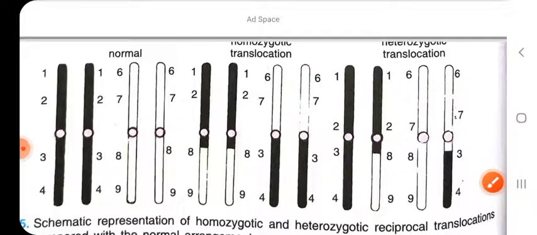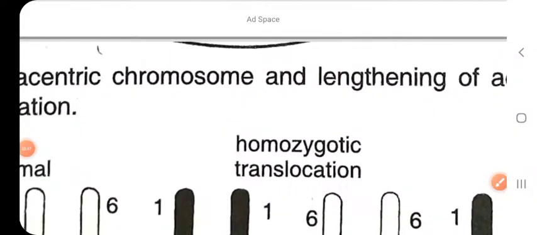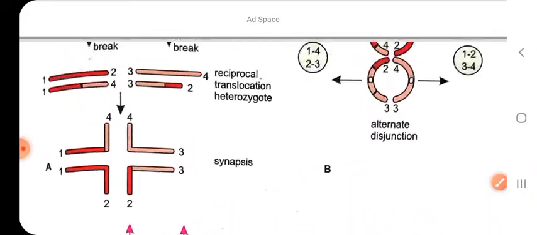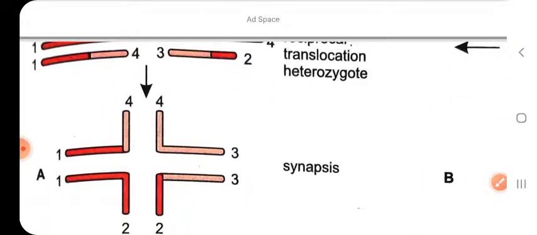So let us move on to what type of configuration we will see. Okay, this type of configuration we will see. The first thing I want to show you is during heterozygous reciprocal translocation.